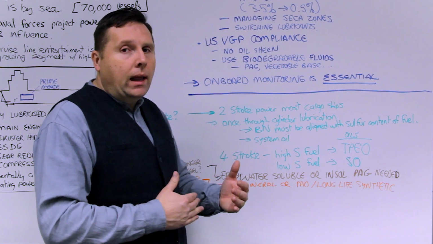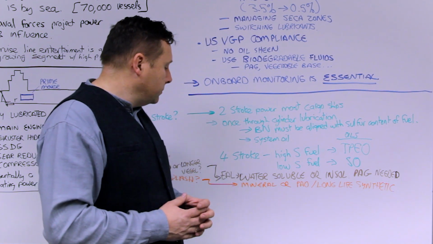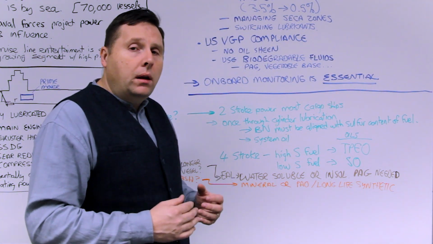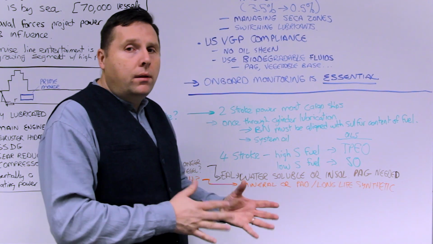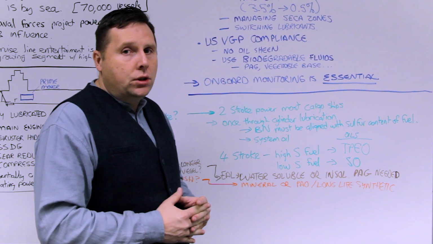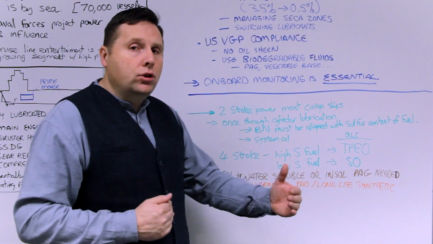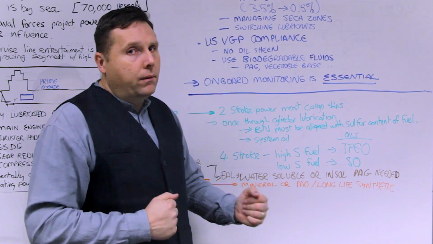They don't have the same life if you don't manage them carefully. And of course, in certain gearbox applications, the drive is to go towards higher synthetic, long-life applications. More expensive at the front end, but they have much longer life, but you have to monitor them very carefully.